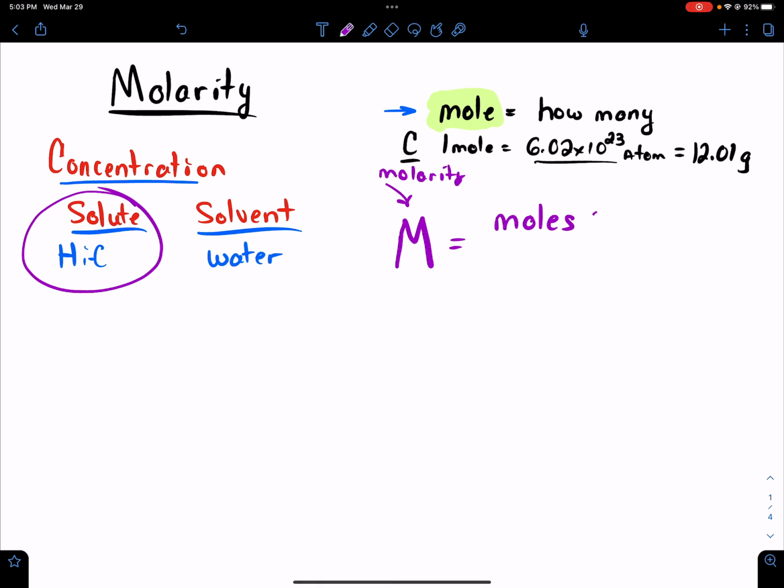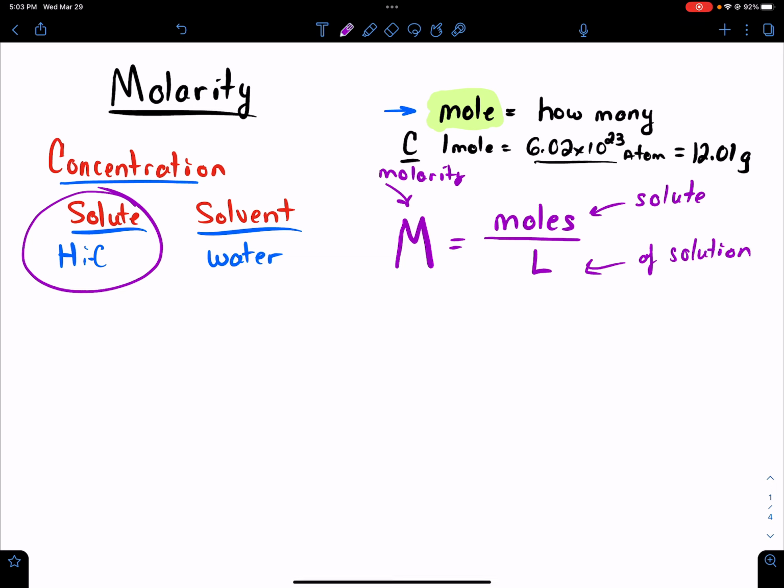Remember, this is the solute, the stuff that you're mixing in. And we're going to divide it by the liters of solution.